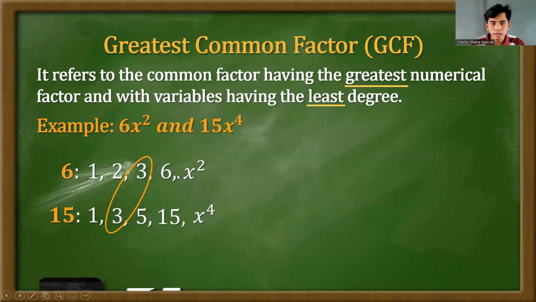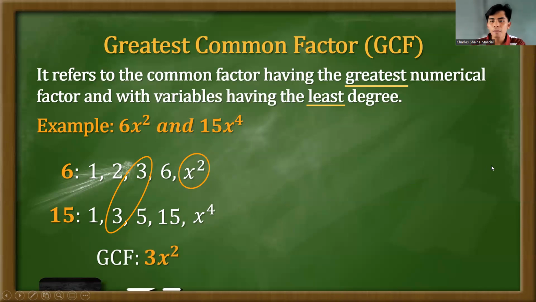So yung kukunin natin is itong x squared, since siya yung may mas mababang exponent. Okay po? Sana nakakasunod kayo. Now, pwede na natin silang ipag-combine. So, ang GCF ng 6x squared and 15x raised to 4 is 3x squared.